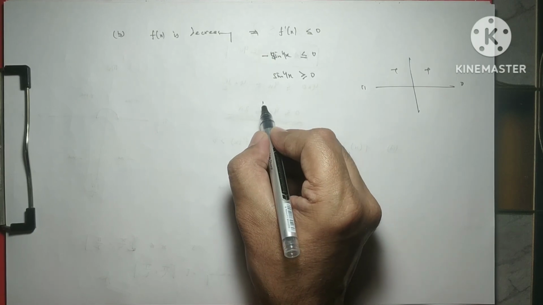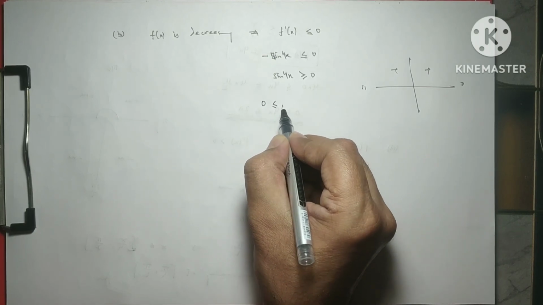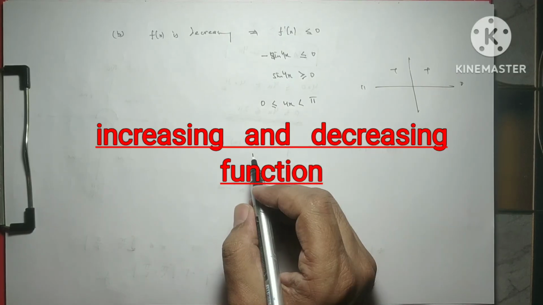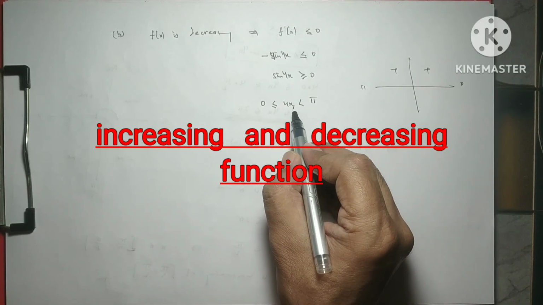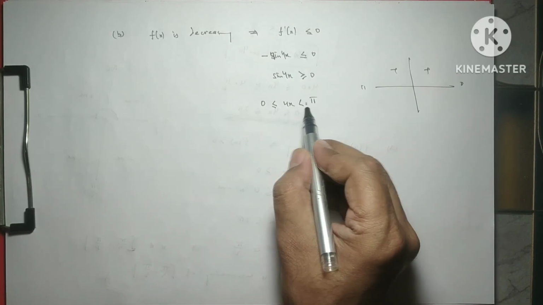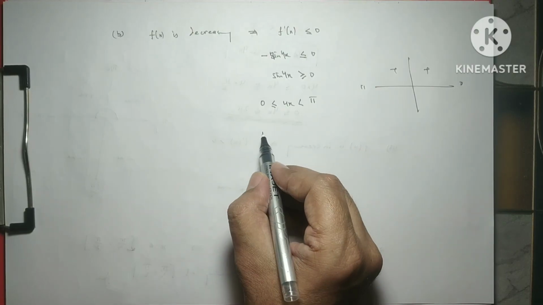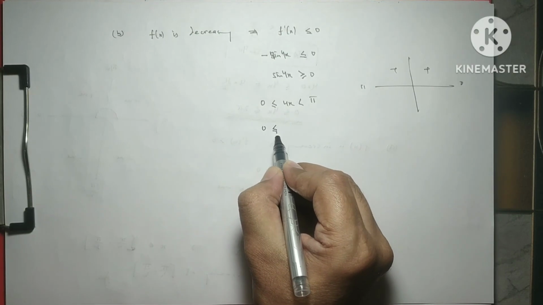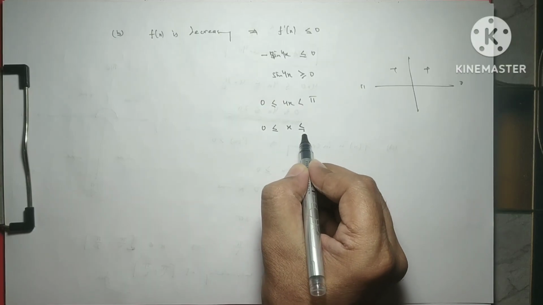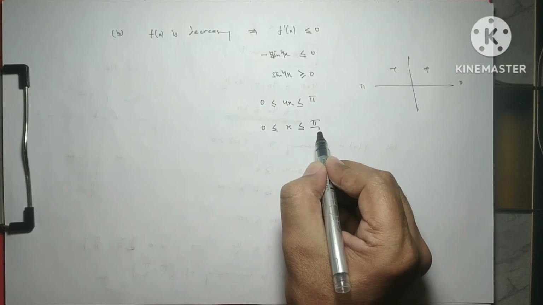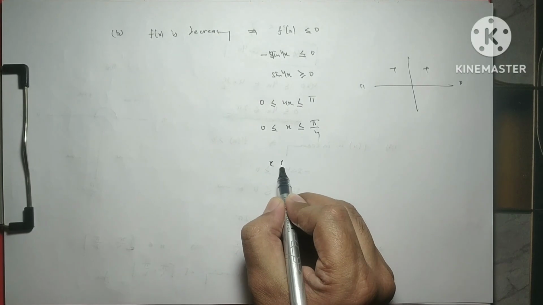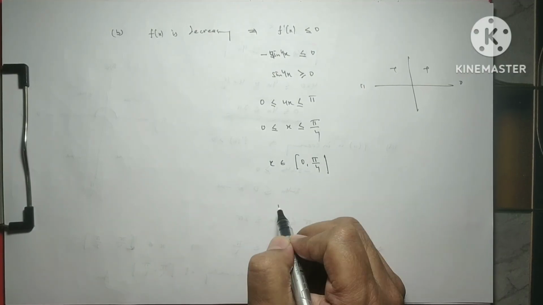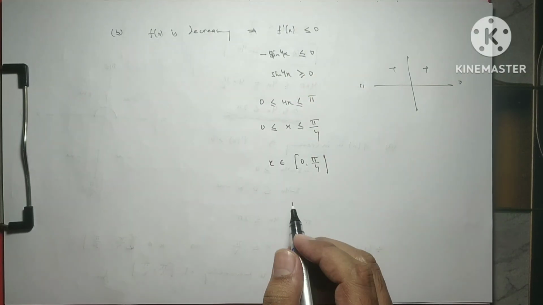So the variation will be 0 to pi, but we want the variation of x, and this is the variation of 4x. So on dividing by 4 we get 0 to x, and this becomes pi by 4, means x belongs to 0 to pi by 4 at which f dash x is less than 0.